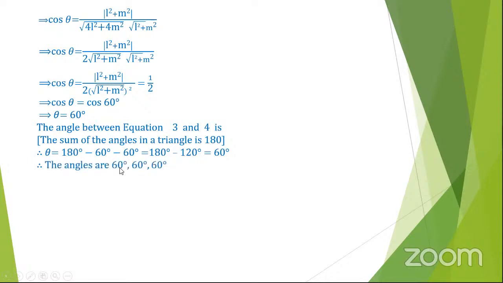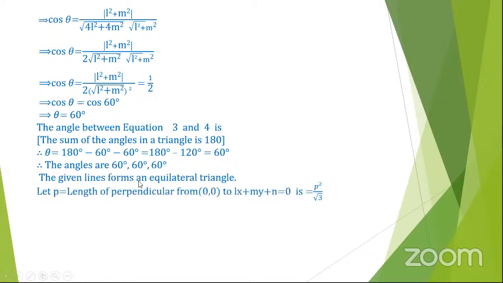Therefore, the three angles are 60 degrees, 60 and 60. We know the definition of an equilateral triangle: if the three angles of a triangle are equal, we call that triangle an equilateral triangle. Hence, we have proved that the given lines form an equilateral triangle.